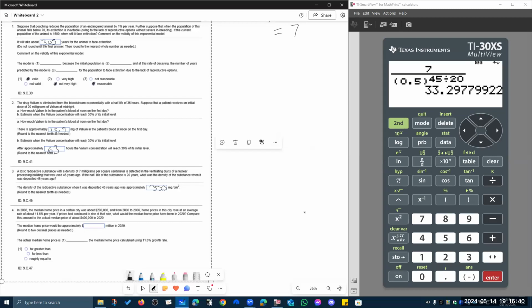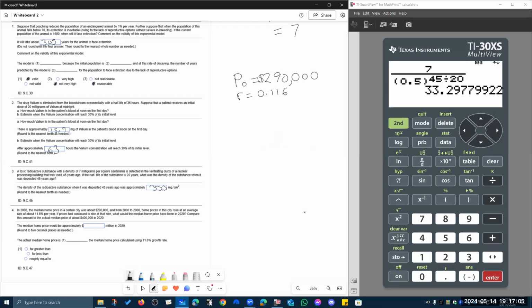So our P naught, our initial price here is $290,000. Our R value here is going to be 11.6%.